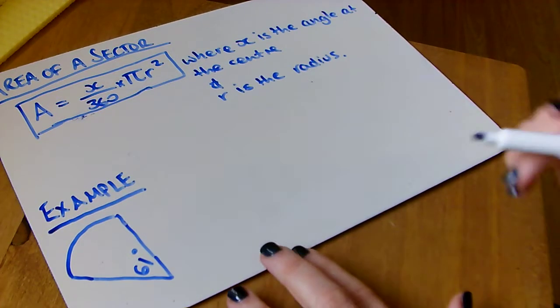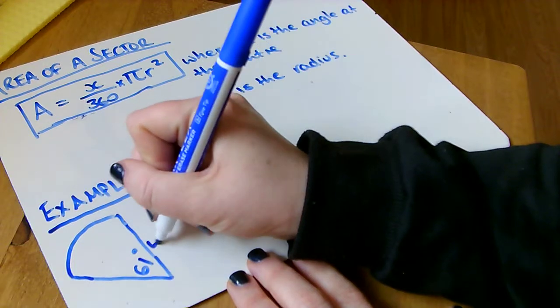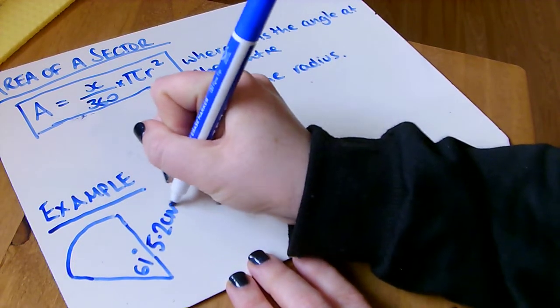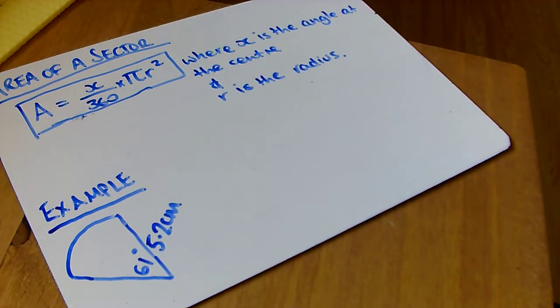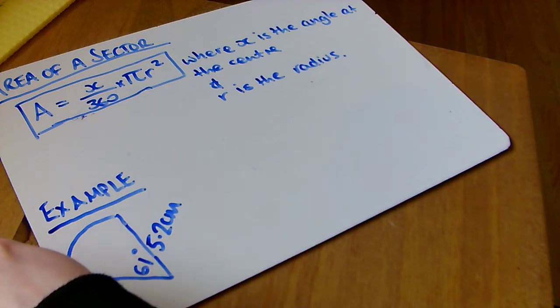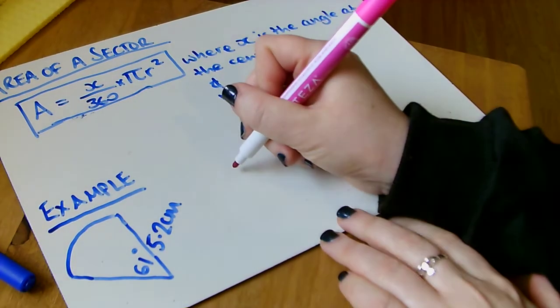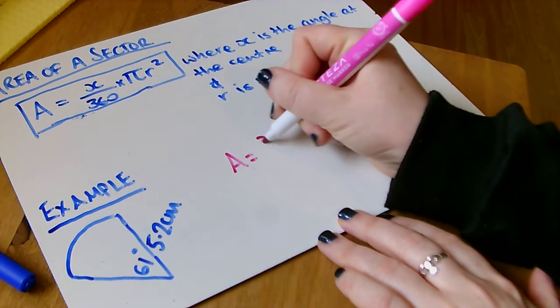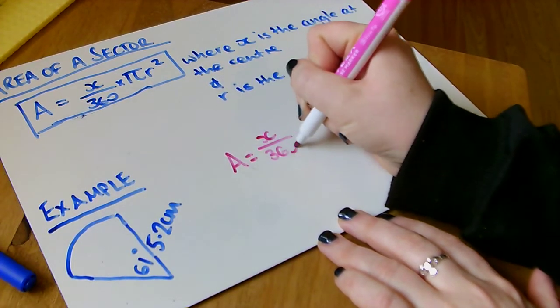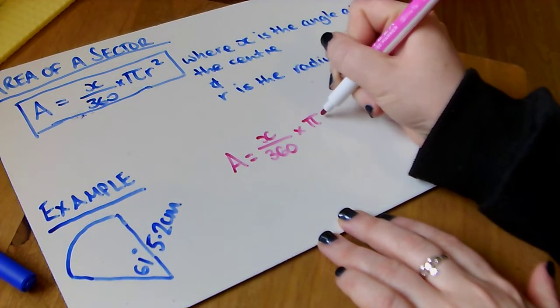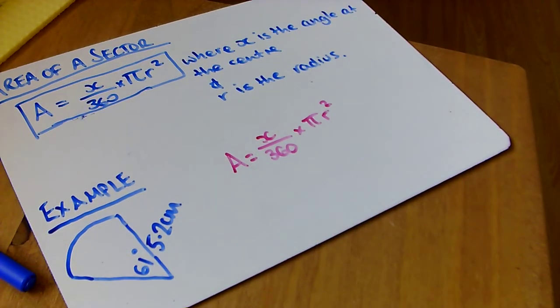And we know that the radius of this sector is 5.2 centimetres. So you can copy all of this down at the end once we're finished. So remember, the first thing that we always do is write down our formula. Area equals angle over 360 multiplied by pi times the radius squared.